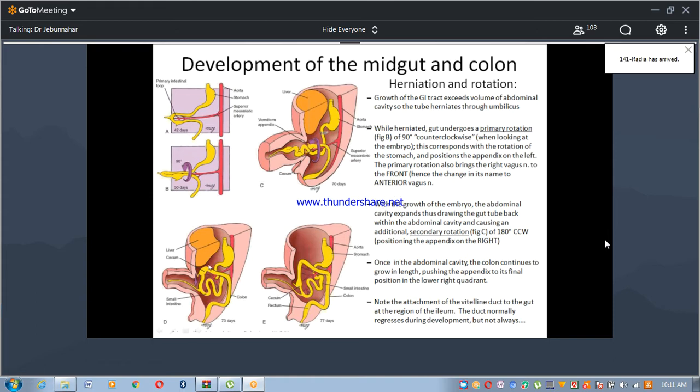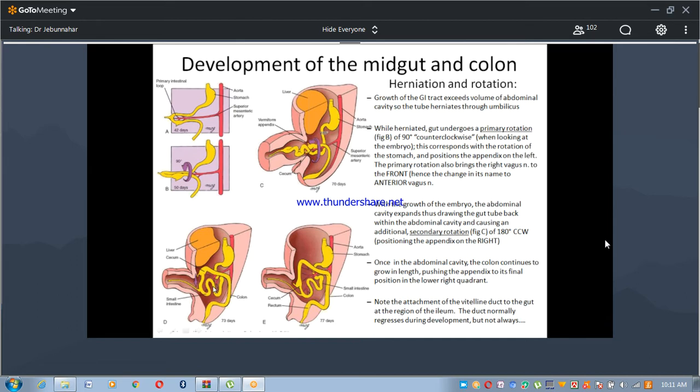With the further growth of the embryo, the abdominal cavity expands, thus drawing the herniated GIT back within the abdominal cavity and causing an additional secondary rotation. Here, in the secondary rotation, you can see the herniated gut pulled back into the abdominal cavity. This occurs 180 degrees counterclockwise.